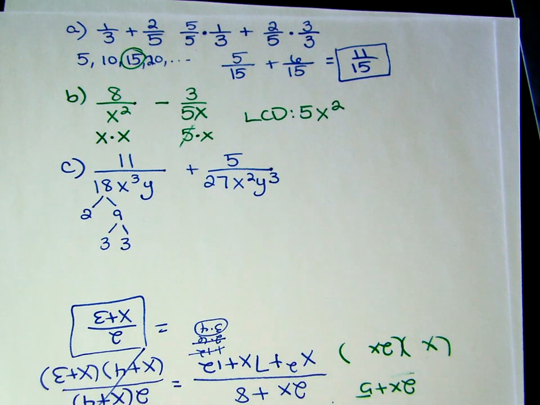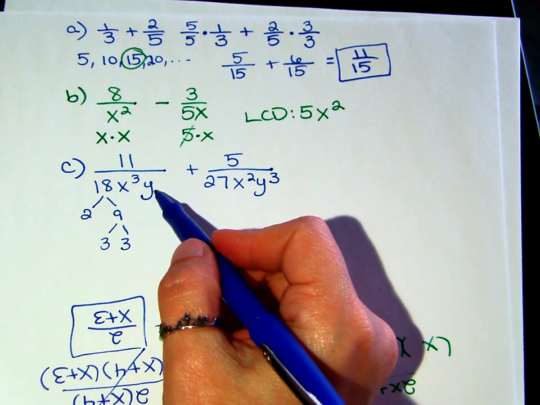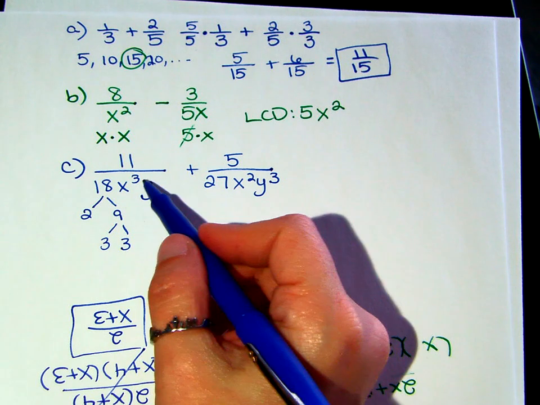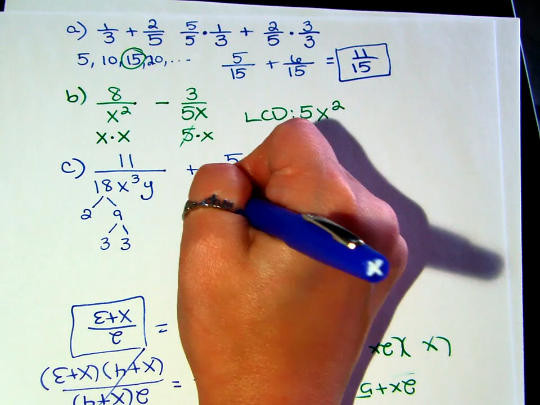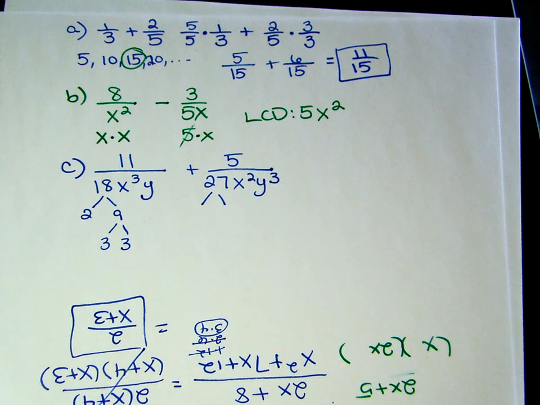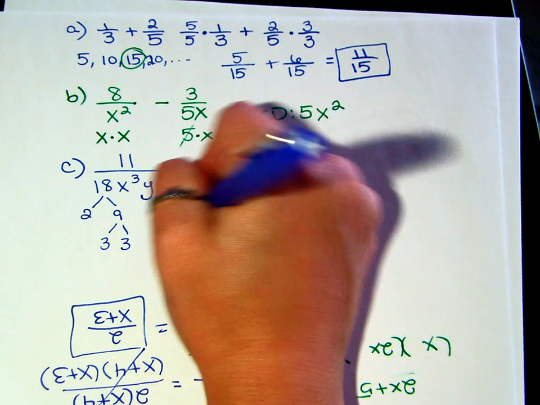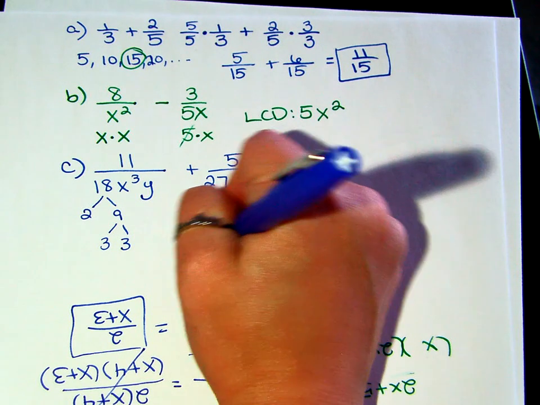Then I have x to the third y as my variables. I'm going to ignore those first and do my numbers. So now I'm going over to 27. What times what gives me 27? 9 times 3. And again, we already saw that 9 is 3 times 3.